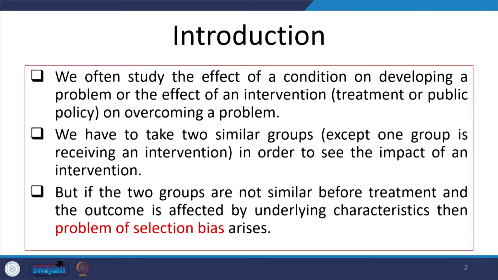So, you can do a field experiment, or you can also go through the databases available through observational studies, identify a number of gaps within them, and suggest whether some of the policies are effective or not. So, we have to take two similar groups in this case, except that one group is receiving an intervention or treatment, in order to see the impact of the intervention. But if the two groups are not similar before treatment and the outcome is affected by underlying characteristics, then the problem of selection bias occurs.